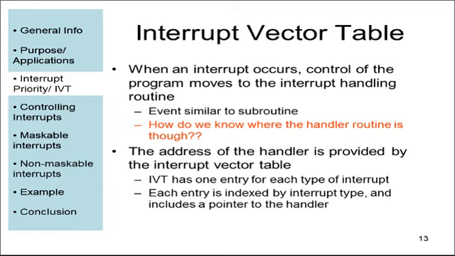This address is stored in the interrupt vector table. The address of the ISR is provided by the interrupt vector table. It has one entry for each type of interrupt. Each entry is indexed by interrupt type and includes a pointer to the handler.